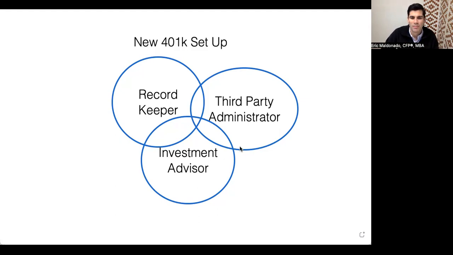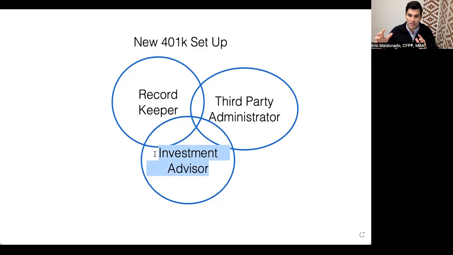So there's a little bit of an overview of setting up a new 401k, who are the parties involved. And someone might be asking, well, who do you start with? Well, if you already have a relationship with a good fiduciary investment advisor who is helping you build the financial plan, it's likely that that advisor has relationships with a third party administrator, or can at least refer a reputable one, and then have a meeting to start to create the plan.